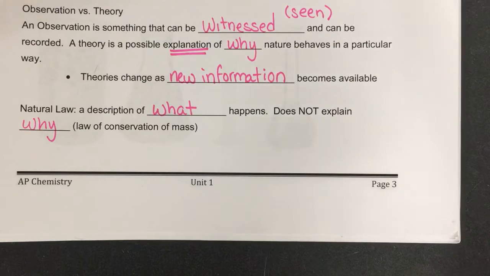This says that if I perform an experiment, the starting mass at the beginning is going to be exactly the same as my ending mass if I add up all of my products. My mass can't go away. It does not say why. All it says is that matter can't be created or destroyed in an experiment. No explanation. Theories are why. Laws just say what happens.